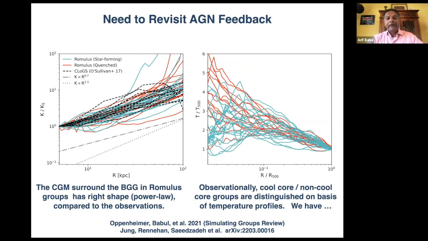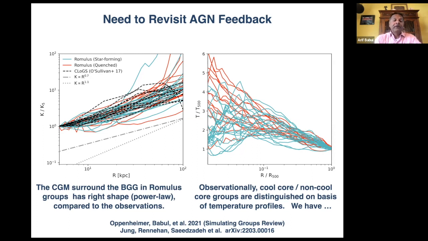When you look at the entropy profiles for Romulus groups, you find that the shapes are actually in excellent agreement with the observations. And if you look at the temperature profiles, you find that you have a full spectrum of temperature profiles, from those that are rising towards the center and those that are dropping towards the center.